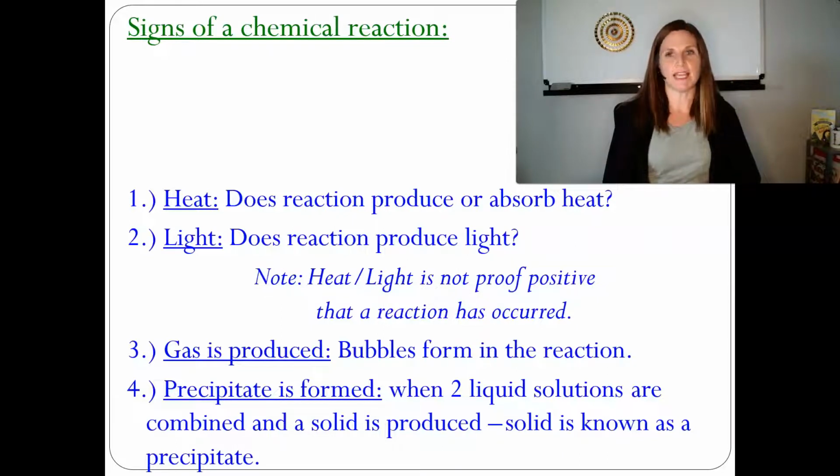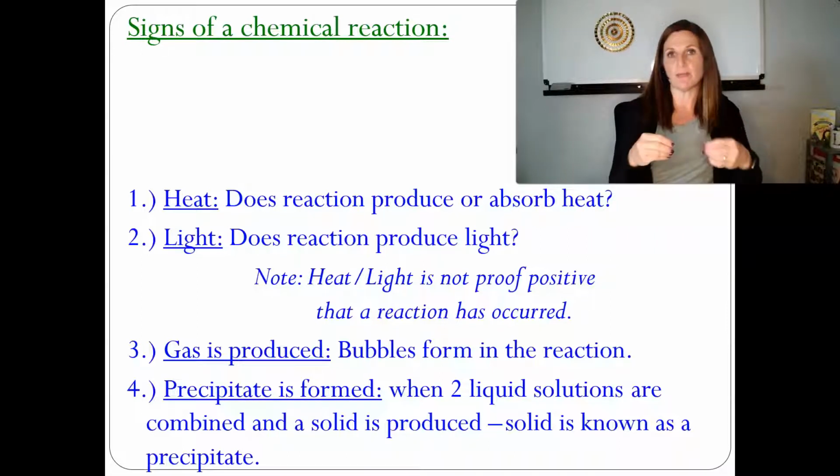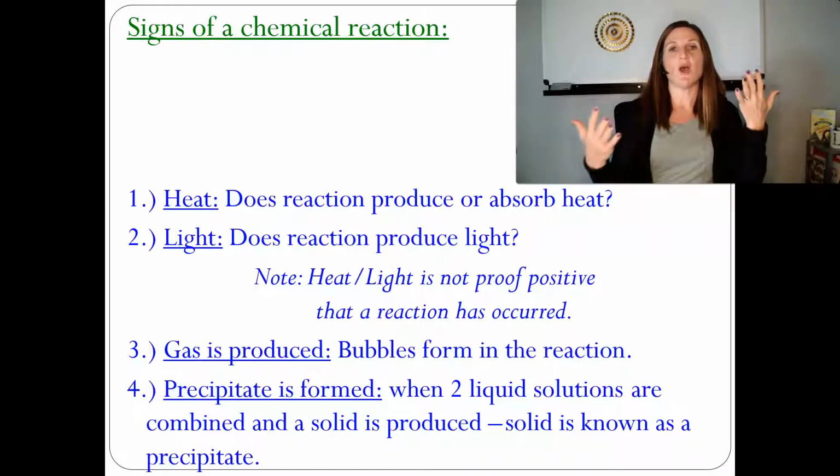A precipitate is formed. And a precipitate is when you take two solutions, so two chemicals that are dissolved in water or aqueous, and you pour them together, and a solid rains out of the solution. A solid falls out and collects at the bottom. That solid is called a precipitate, and the whole reaction is called a precipitation reaction.